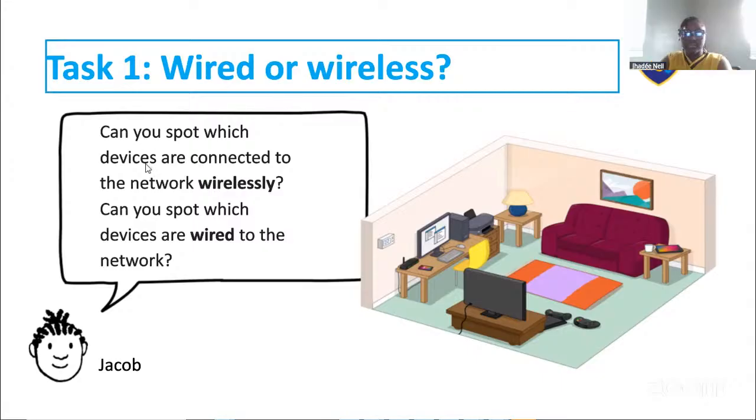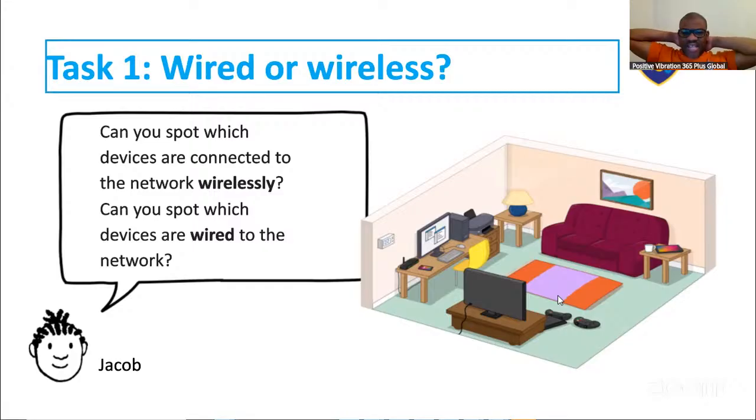Controllers, is that wired or wireless? Wireless. It looks wireless from here. Wireless, yep, but it could also be connected by wire as well. They just probably didn't use the cables.